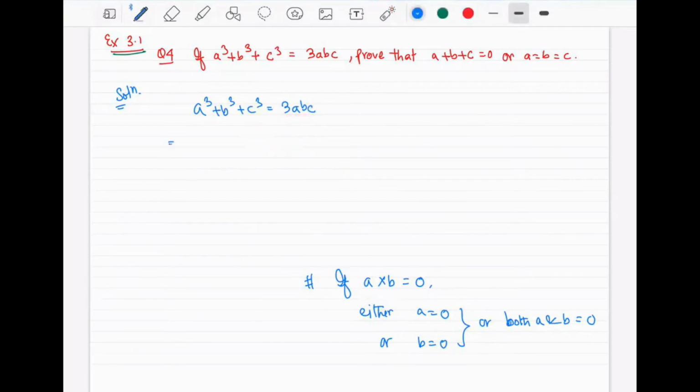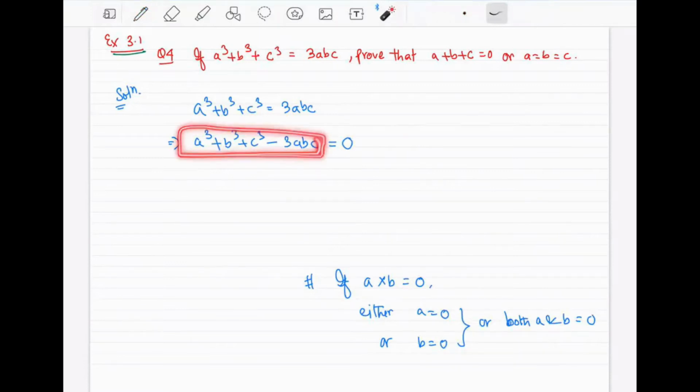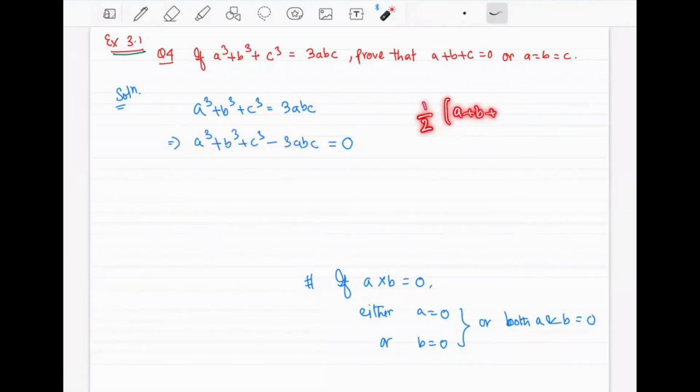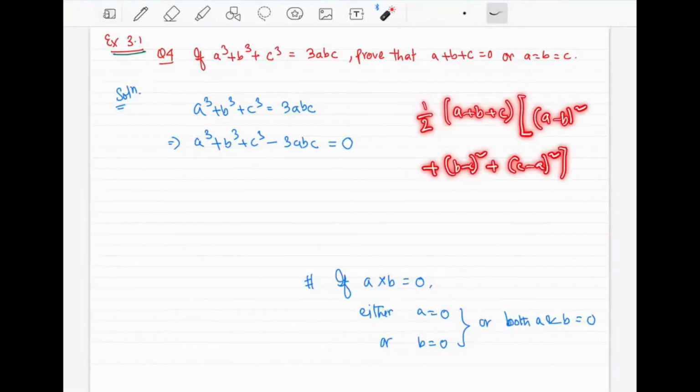Let's see what we obtain. A cube plus B cube plus C cube minus 3ABC. This is equal to how much? This is equal to 0. So remember the factorization for this. I just wrote it down here, right? What did we obtain? Half A plus B plus C whole bracket, A minus B whole square plus B minus C whole square plus C minus A whole square.